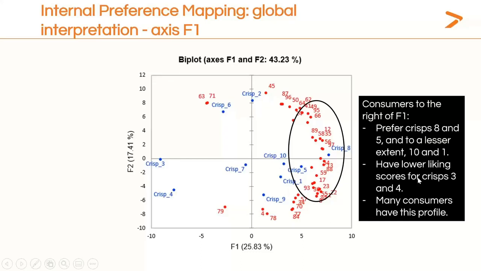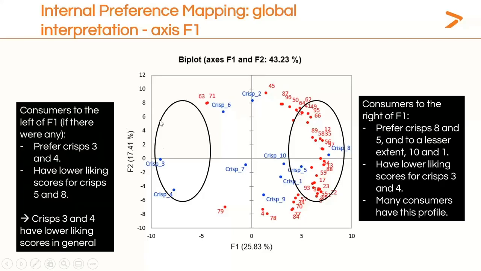But they have lower liking scores for crisps 3 and 4, which are on the opposite side of the axis. They like the crisps which are close to them along the axis, and they have lower liking scores for brands which are on the other side. And we notice that there are many consumers who have this profile. So maybe crisp number 8 is quite popular on the market. It's quite appreciated, at least on the market.